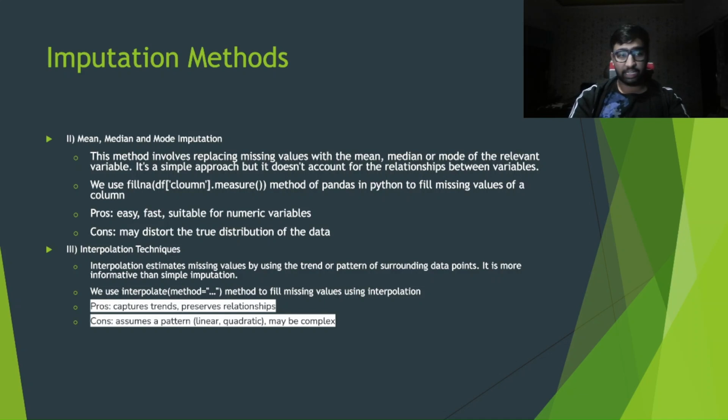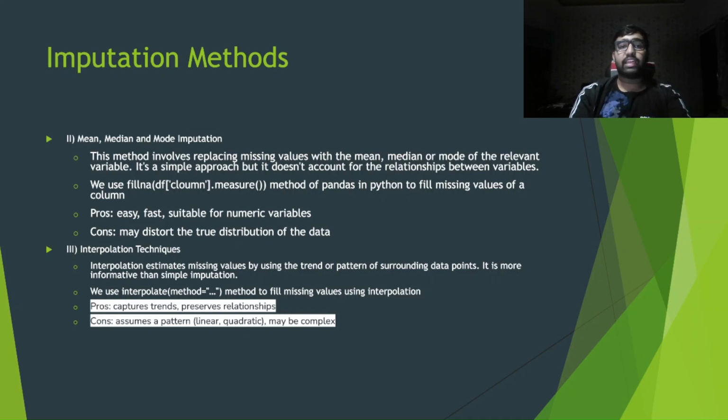Third, interpolation techniques. Interpolation estimates missing values by using the trend or pattern of surrounding data points. It is more informative than simple imputation. Here in interpolation, we can use regression techniques.